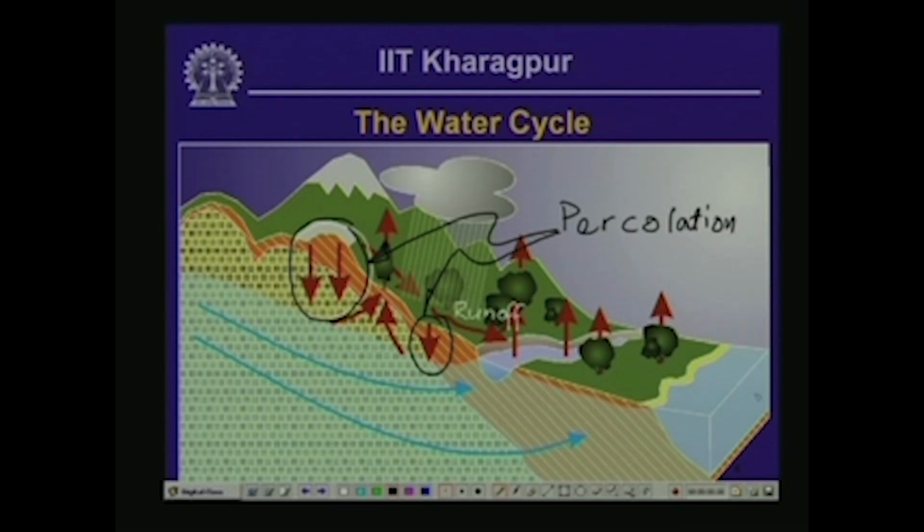And then there might be an evaporation taking place from the surface of the water bodies, such as a river as shown here, or there could be evapotranspiration from the water tapped from underground by vegetation, and this evaporation is again going to lead to the formation of clouds via condensation, and that cycle is going to repeat.